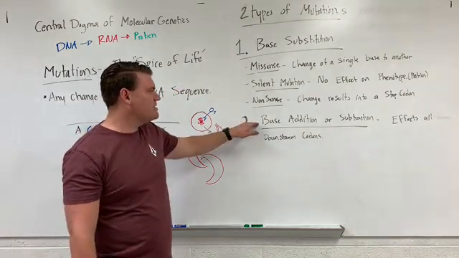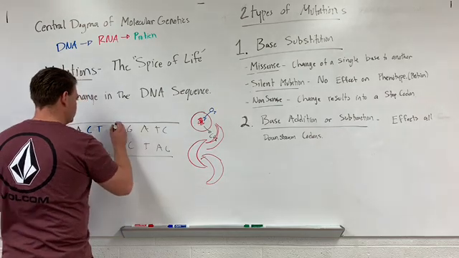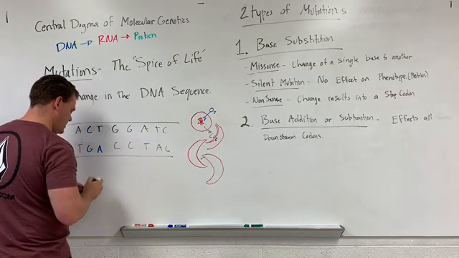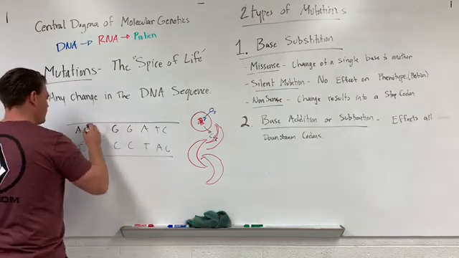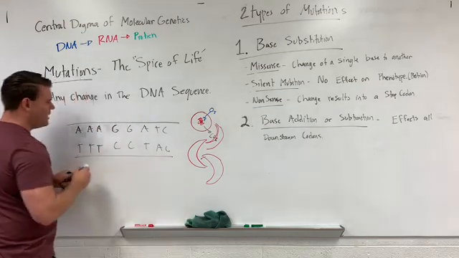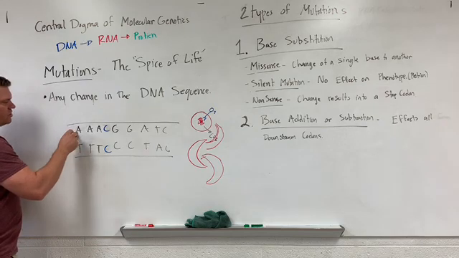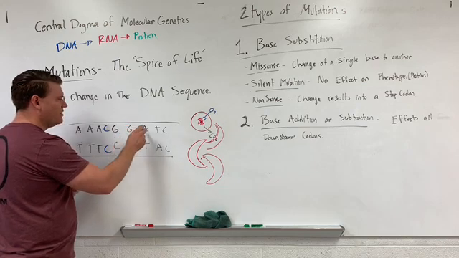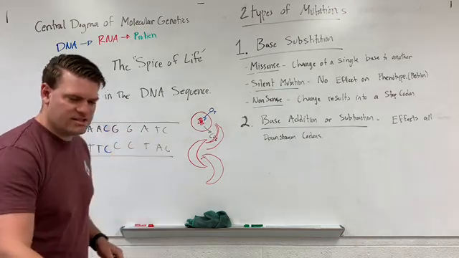Now we can do it where we have a base addition or subtraction. So in other words, if we were to add in another base here, so let's go back to these being regular, but you ended up adding in another base here, so let's make it a C. Well, this is still U, then it was supposed to be C, U, but instead it's going to be GCU, and you can see that's going to make a difference.